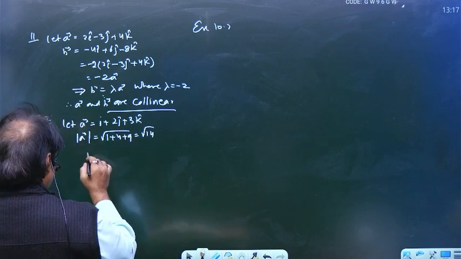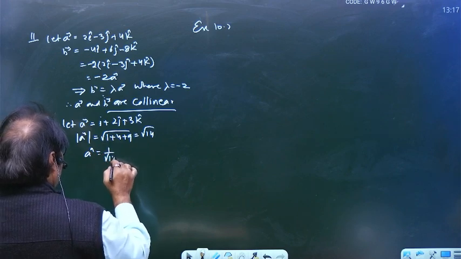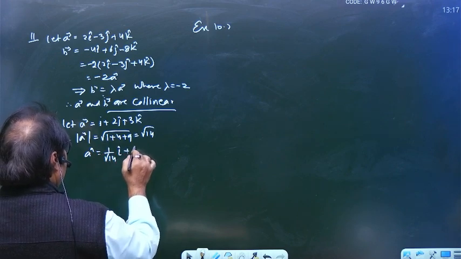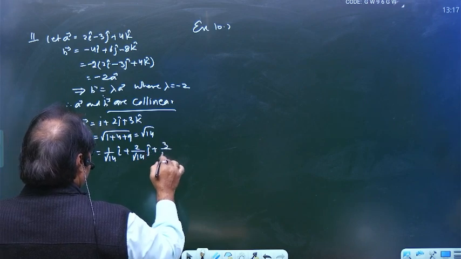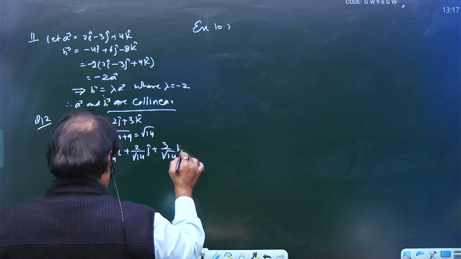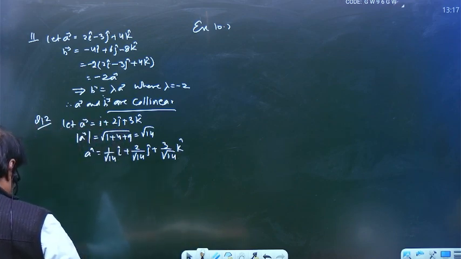So the unit vector is equal to 1 by root 14 i cap plus 2 by root 14 j cap plus 3 by root 14 k cap. This is the value of the unit vector.